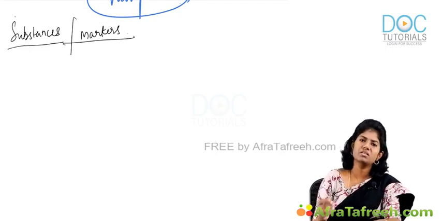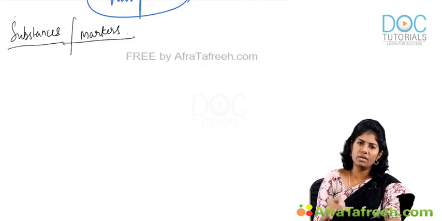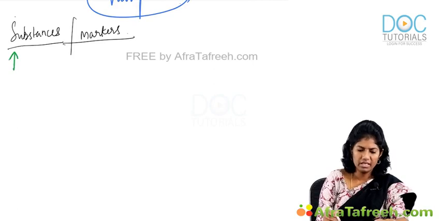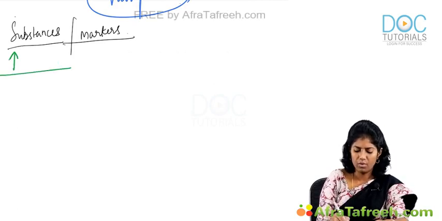There are many substances which either increase or decrease in a woman who is at risk for preeclampsia. I will tell you the substances which increase first. They are number 1, theca lutein cyst.